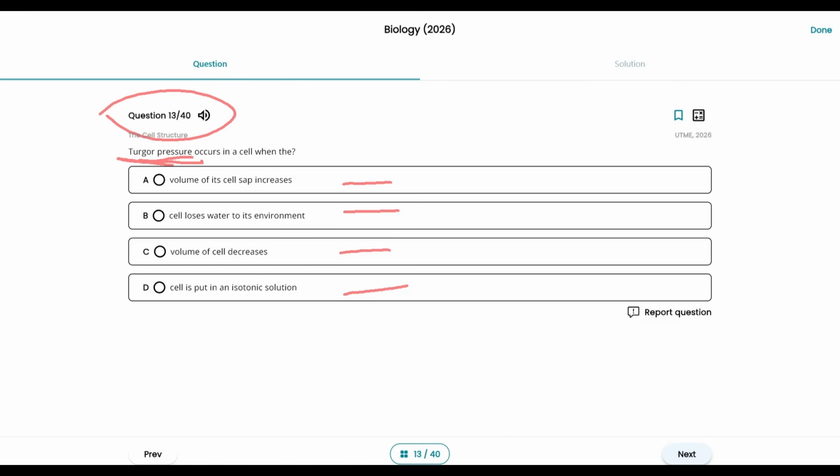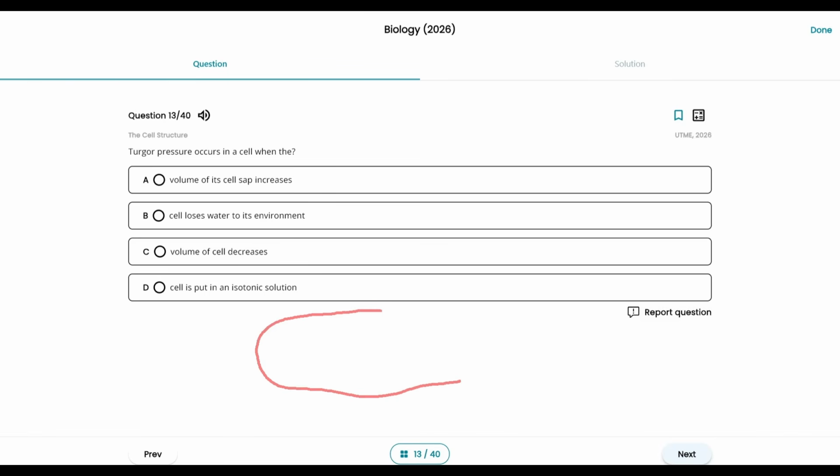Now, let's say this is a cell. Are you with me? So this is a cell.